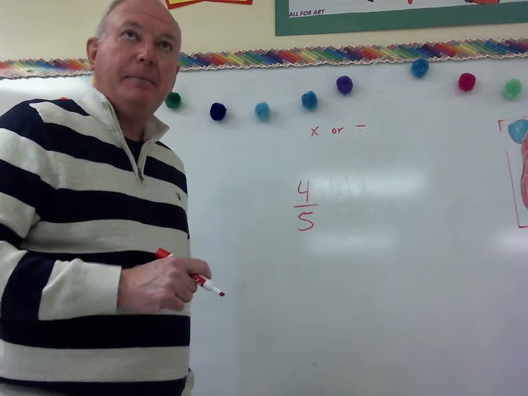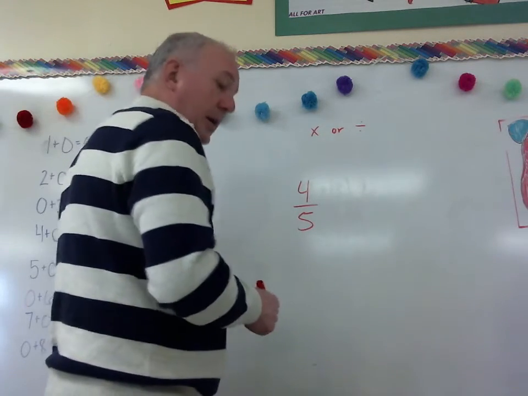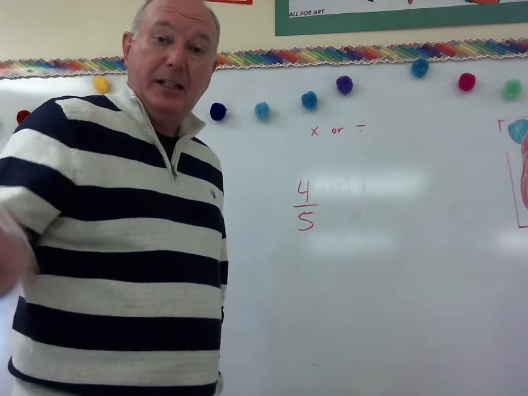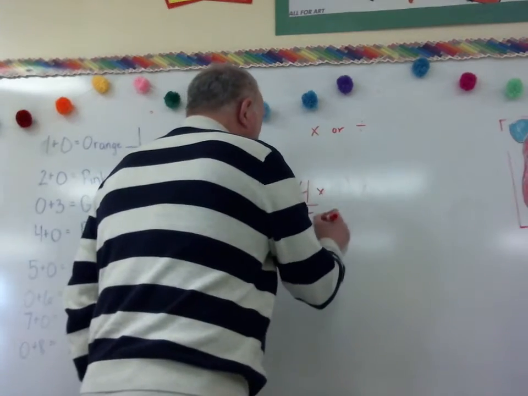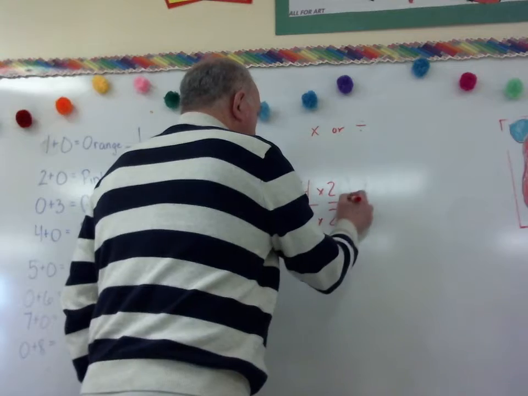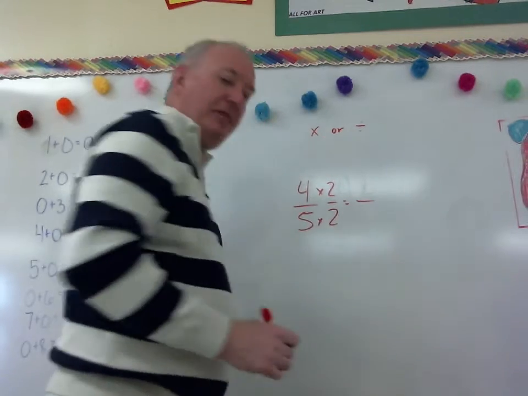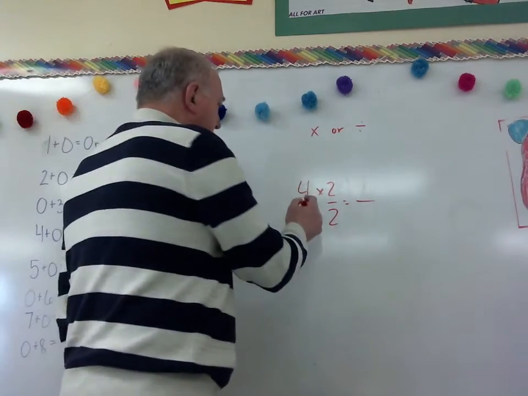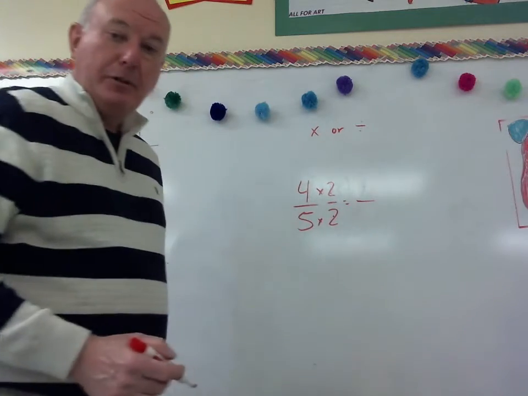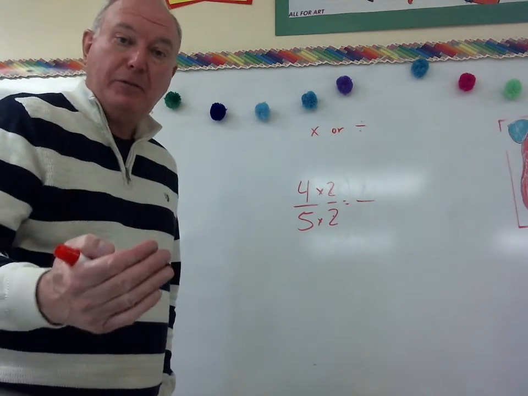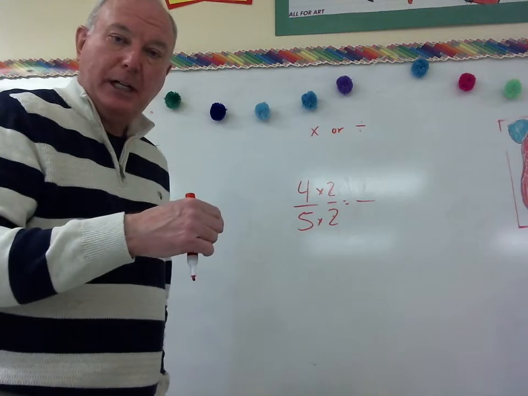Okay, now that you're back, you could have chosen to multiply by 2, 3, 4, any number. I'm going to just choose 2. You may or may not have chosen that, okay? But you just multiply the numerator and denominator by the same number. If you chose 2, 2 on top, 2 on the bottom.